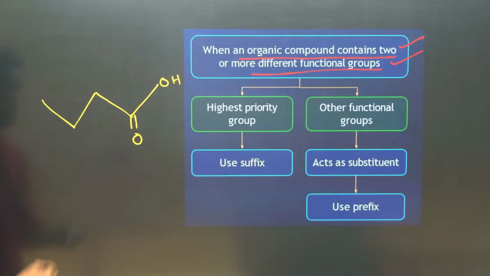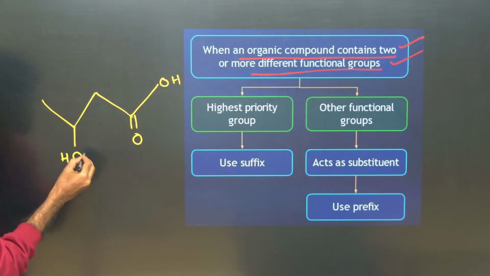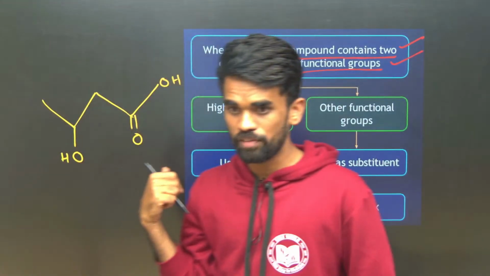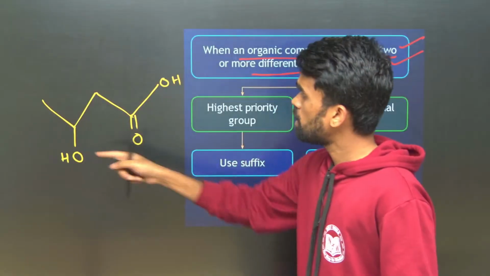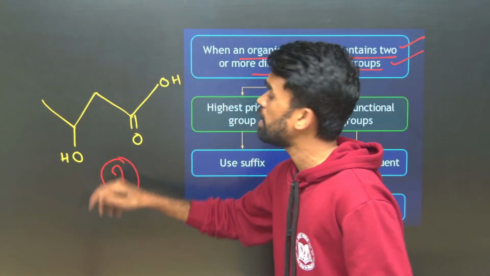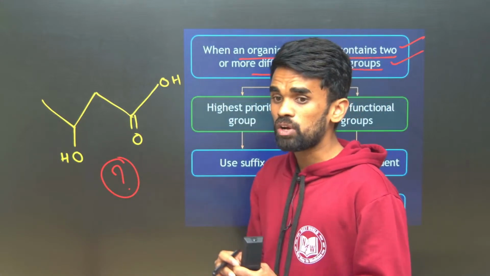Carboxylic acid. And here I am writing an OH group, alcohol. So 2 functional groups are there in the given compound. Out of these 2, which is prioritized? From where should I start numbering? That is what we need to follow, the priority order.